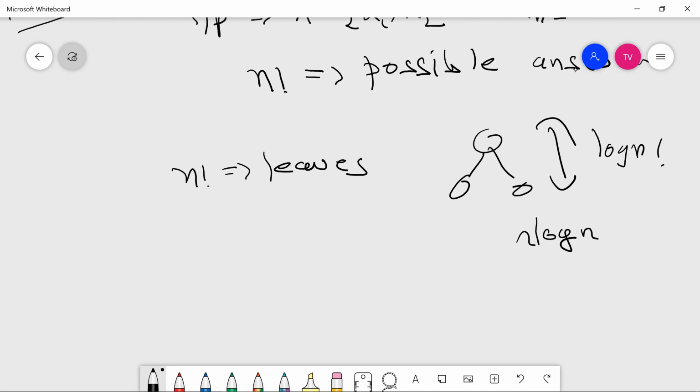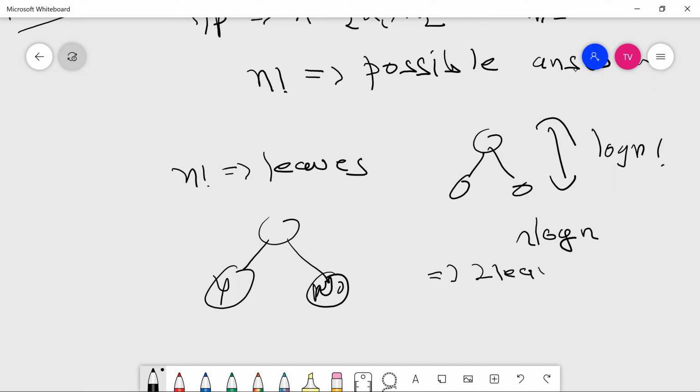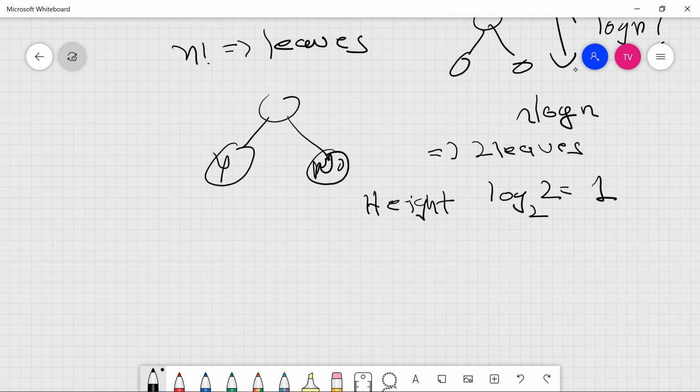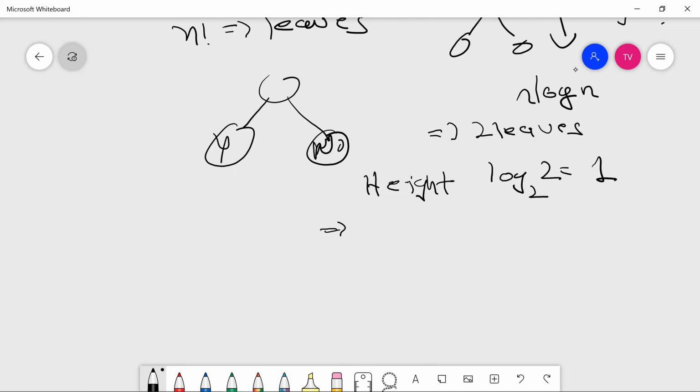But the problem here is that the answer can only be either yes or no, meaning we have only two leaves, and so the height of the tree would be log of 2, which is basically 1. So we can't proceed with this method.